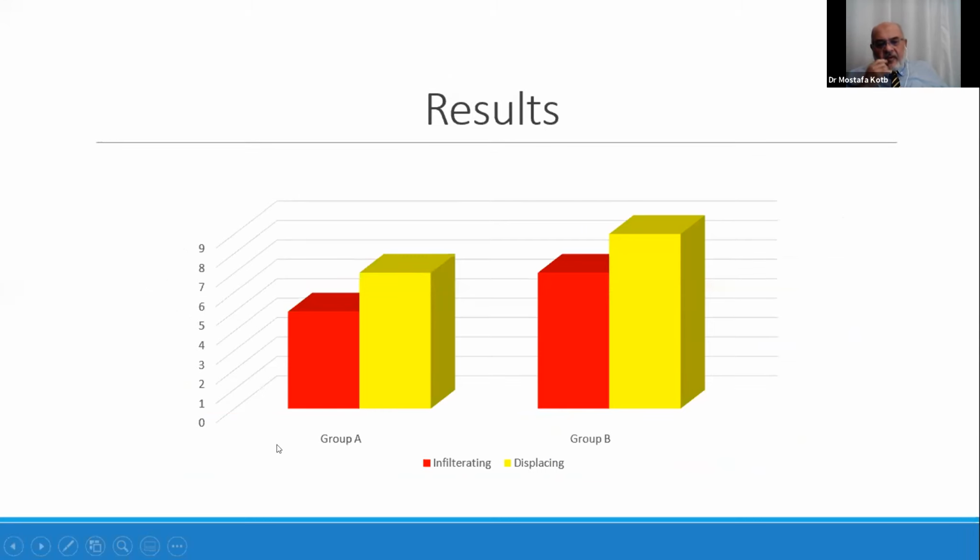The thing that was very important in the resection was the extent of tumor infiltration. The infiltration was equal in percentage in both the groups where we did the functional MRI, and we knew about the infiltration beforehand.